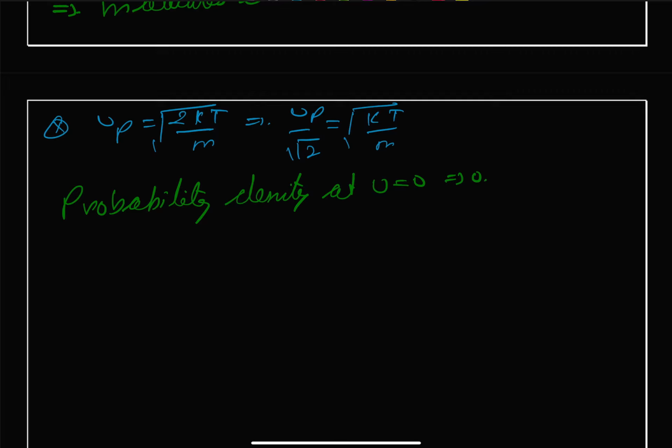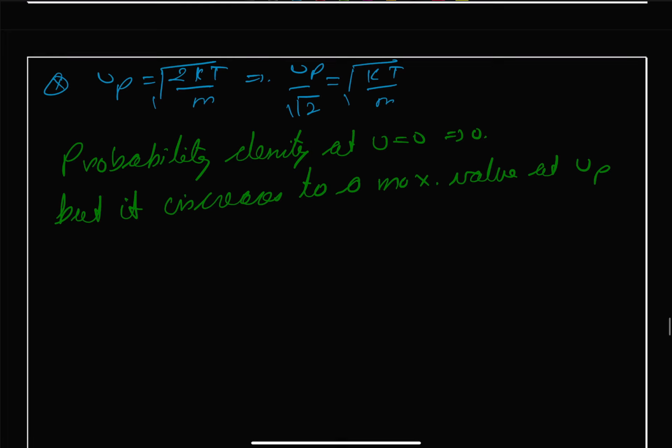But it increases to a maximum value, which is given at Vp. So it means the velocity of the molecule is going to lie between 0 and Vp. Here it is Vp by square root of 2.